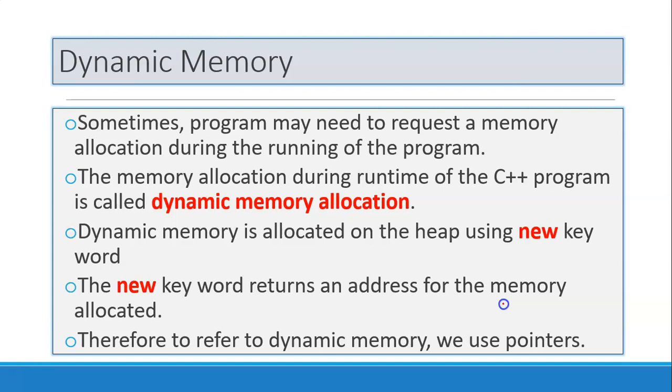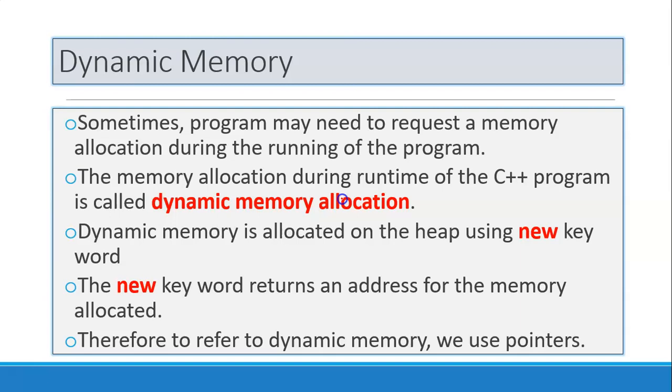For example, when you are creating an array, we've been creating arrays with the array size specified, and that array size is a constant. It has to be known before the running of the program. But there will be times when you don't know how many elements will be needed. So for that, we may need to allocate dynamically depending on the situation.